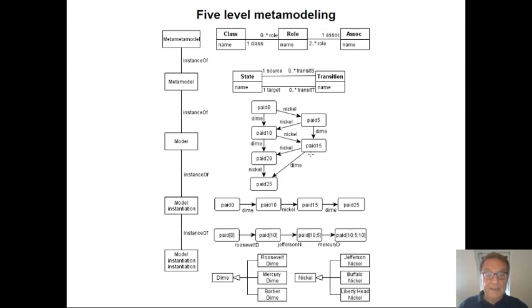This state machine will distinguish between this path, where first the dime comes and then the nickel, which will be a different state from the path where first the nickel comes and then the dime. So in the state machine below, I will have the state paid 10, 5, and the state paid 5, 10, which correspond to these two different edges.